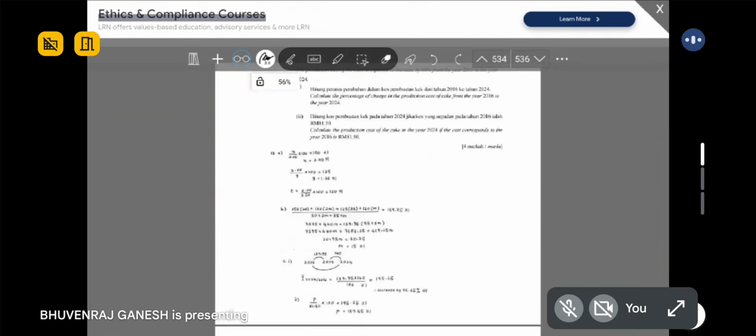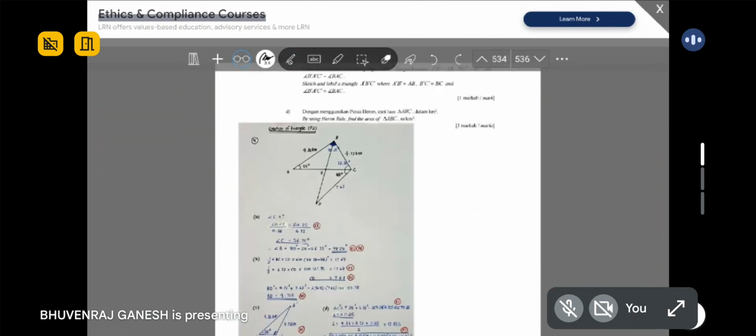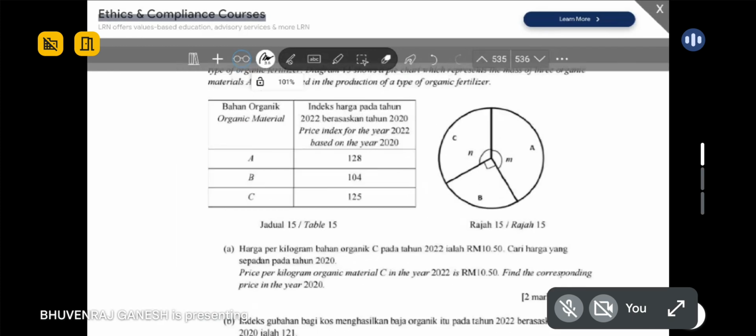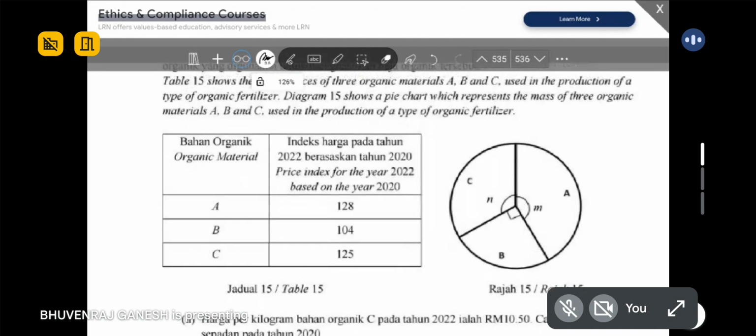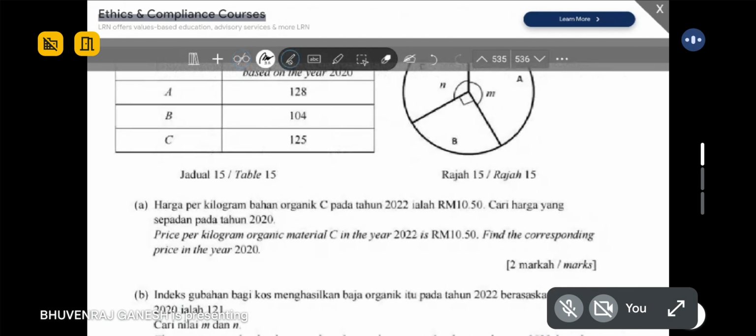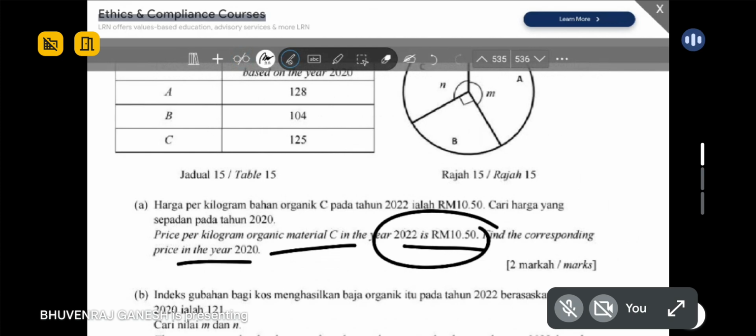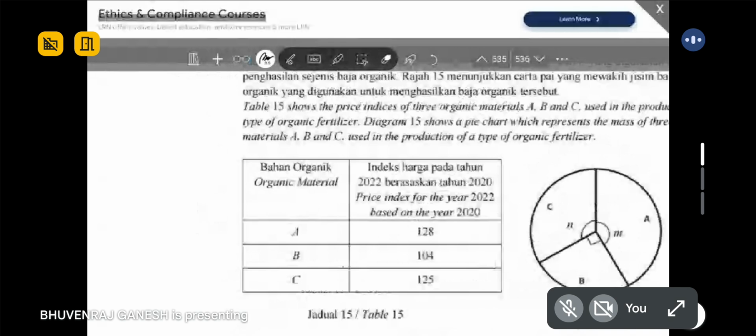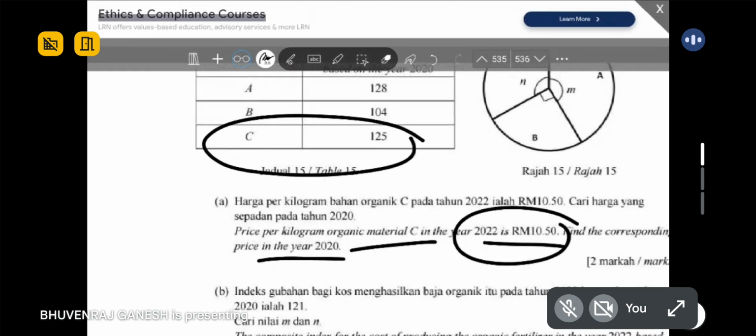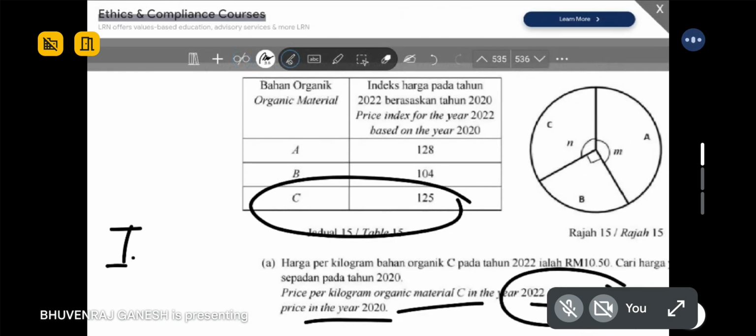Okay, all right. The last question for today. Question 15. This one also another must 10 marks lah, guys. Index number. Okay, so for this one, they say the price in 2022 is 1050. They ask you to find the price in 2020. Okay, so focus on ingredient C because the question says for C. So I 2022 over 2020 equal to 125.